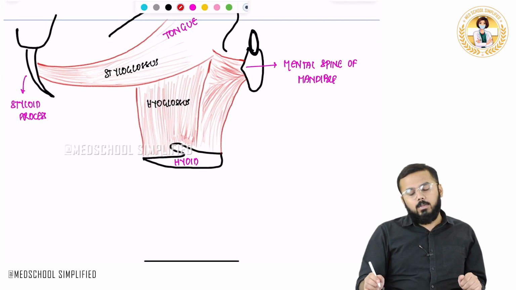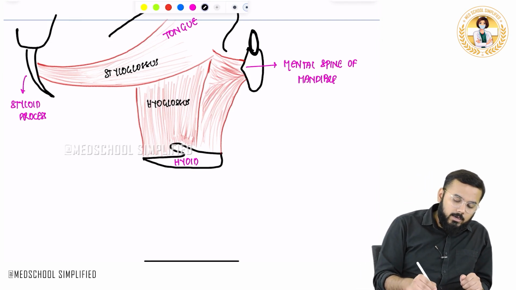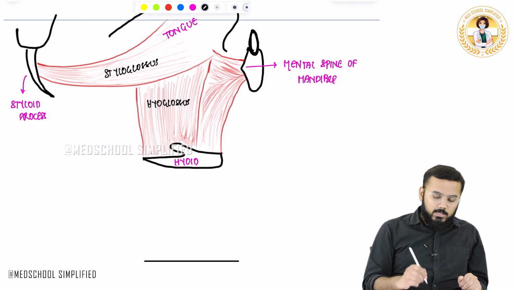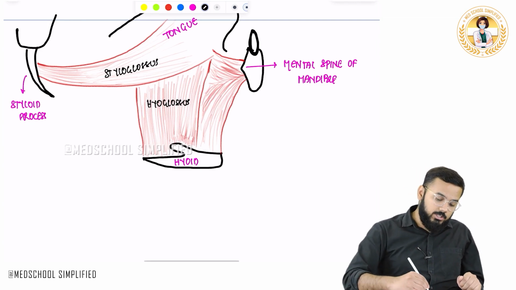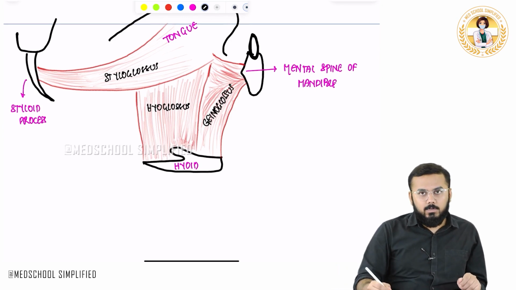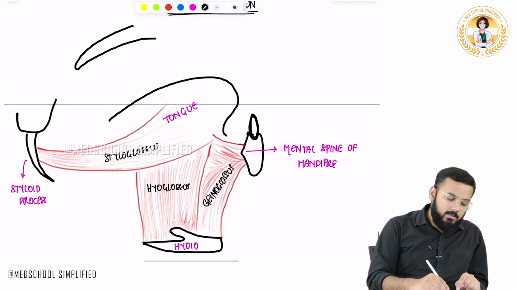You see this particular muscle over here. Now what can you guess the name here, guys? So the name of this muscle is called genoglossus muscle.